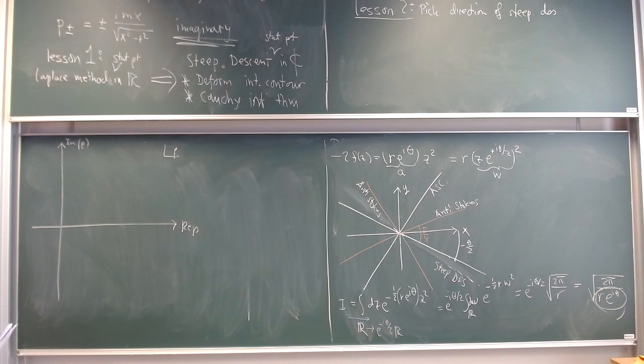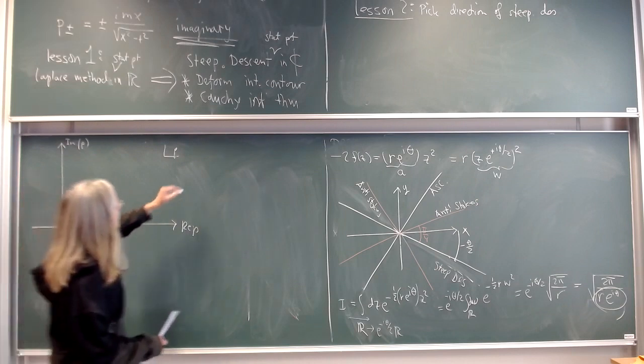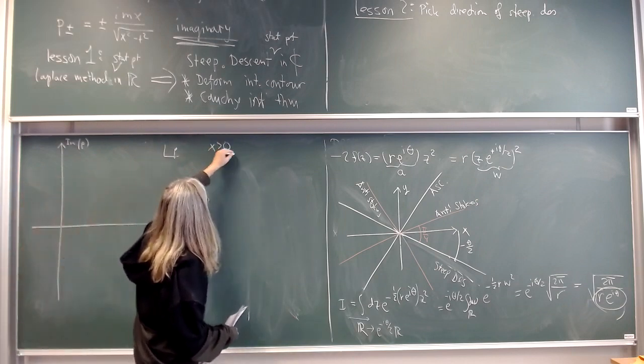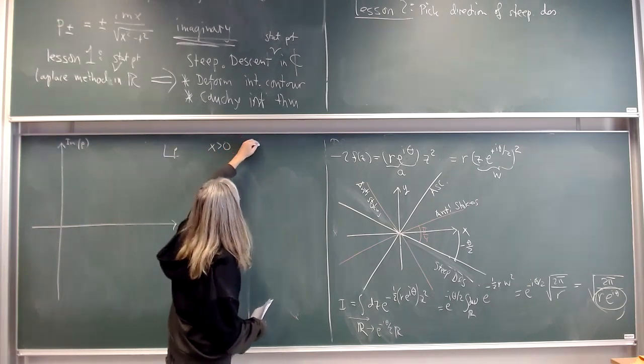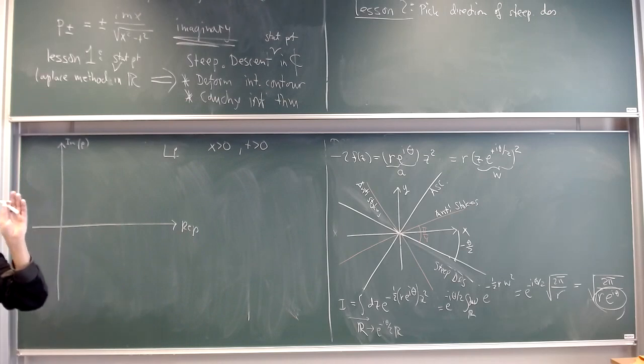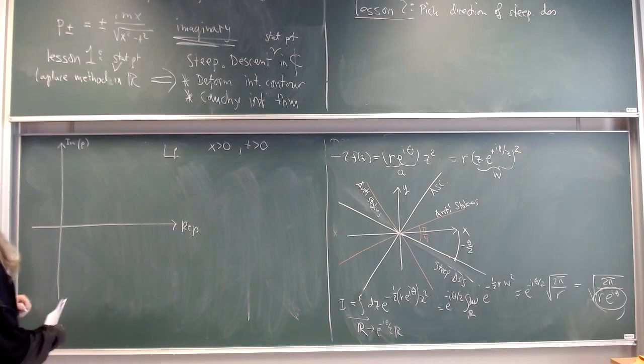Now let's be specific. Let x be bigger than 0 and t be bigger than 0. You have to repeat this 4 times for different solutions. You just do the first one. The others are, of course, similar.